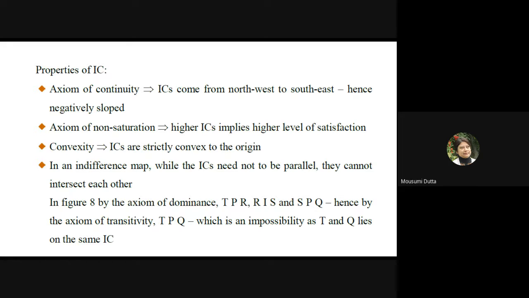In other words, I can consider an infinite number of indifference curves, or the indifference map, consisting of thousands and thousands of indifference curves.